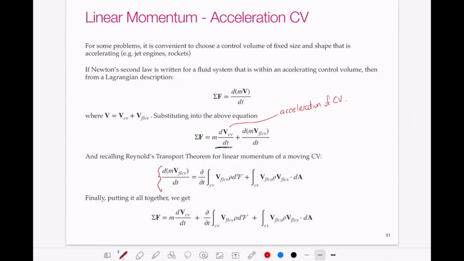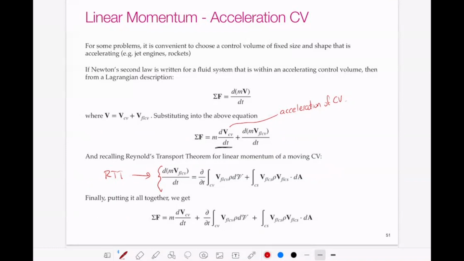And substitute this back into our equation above. So this is Reynolds transport theorem. So if we substitute this back into this term right here, and then bring all of this back down, we get this last equation. So I'll erase those to remove some confusion.